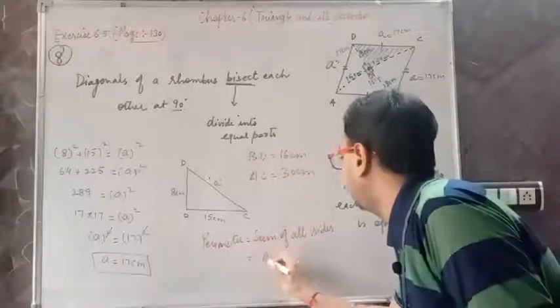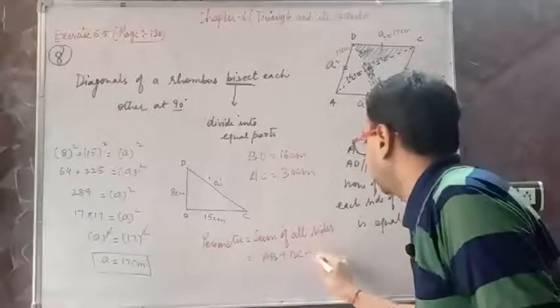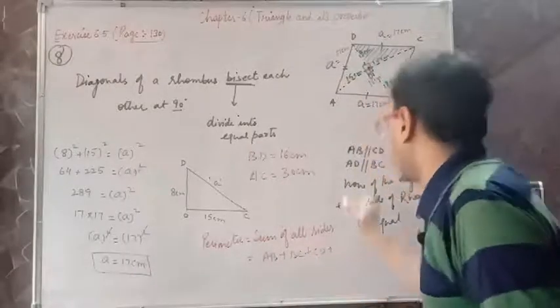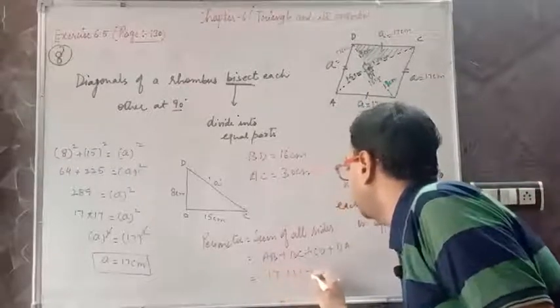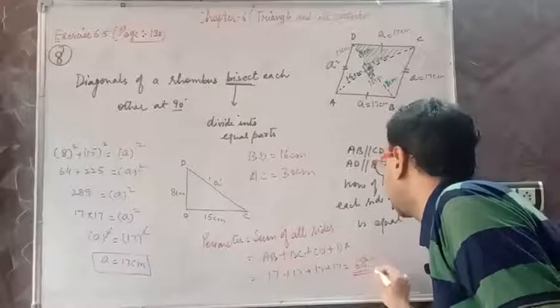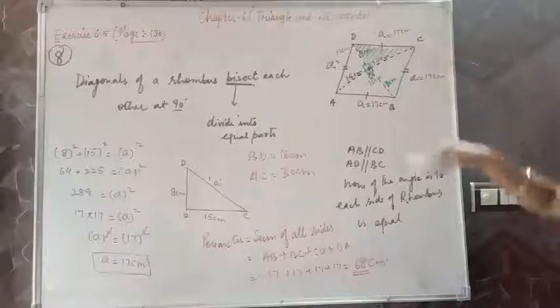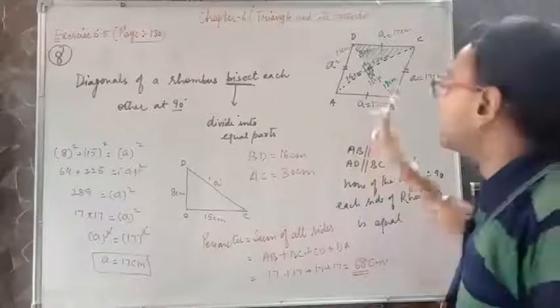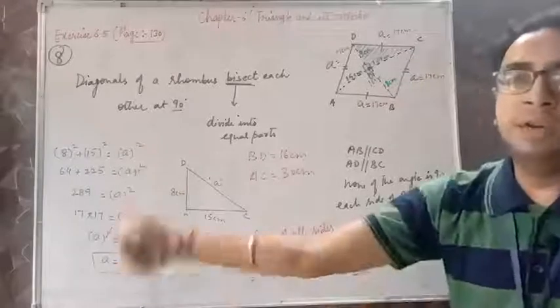So AB plus BC plus CD plus AD means 17 plus 17 plus 17 plus 17. This is 68 centimeter. And the formula of perimeter of a rhombus is 4 into side. If you multiply the side with 4, we'll get the perimeter of the rhombus.